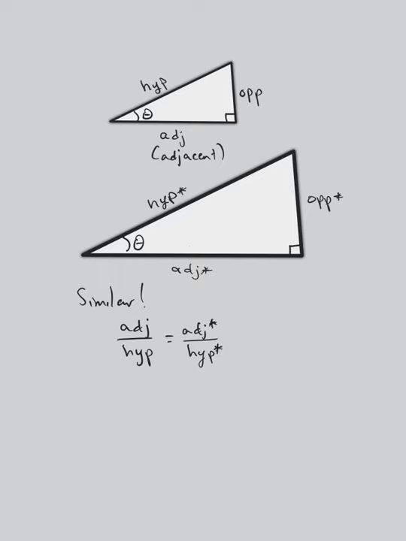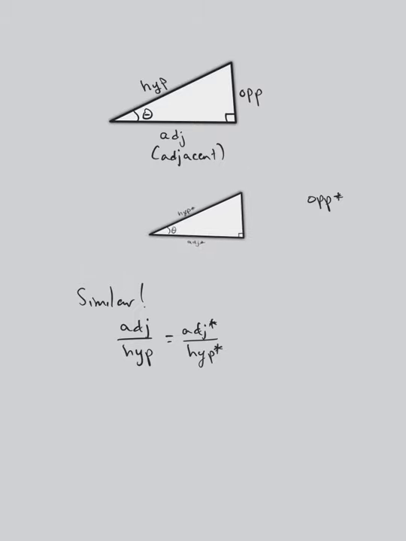And the key thing here is that it doesn't matter what size this other triangle is, that same thing is going to happen. If it's really small, you're still going to have those equal ratios. If that triangle is really large, you're still going to have those same ratios equal to each other.